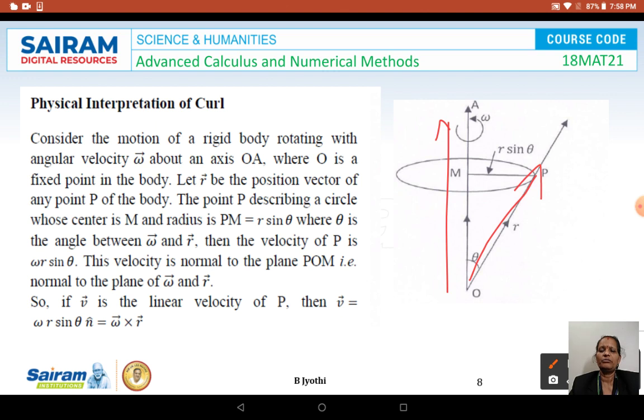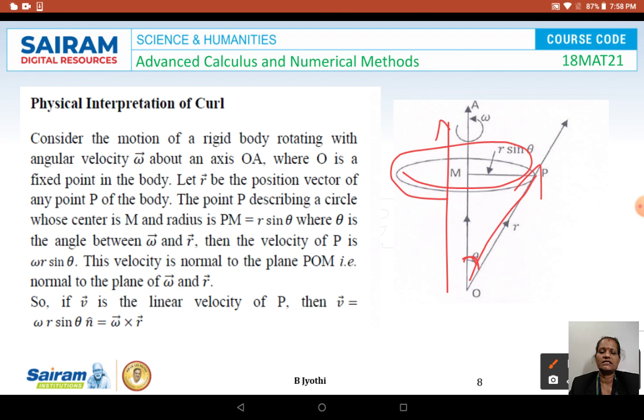The point P describes a circle whose center is M and radius is PM = R sin theta. This is the circle I have represented here, where theta is the angle between omega and R. Then the velocity of P is omega R sin theta.